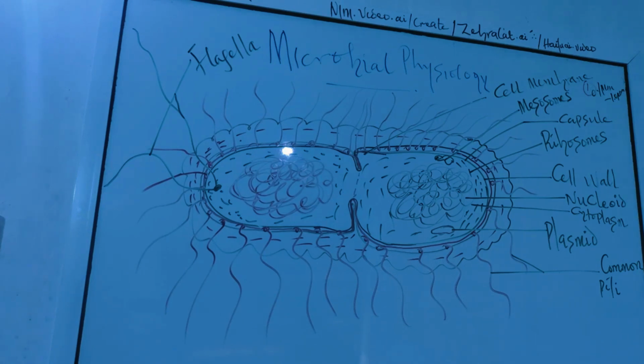And those that have pili, why would some bacteria have pili and at the same time also have flagella? There are reasons. They are not going to have it just for the sake of having it. They are going to have it for a reason.